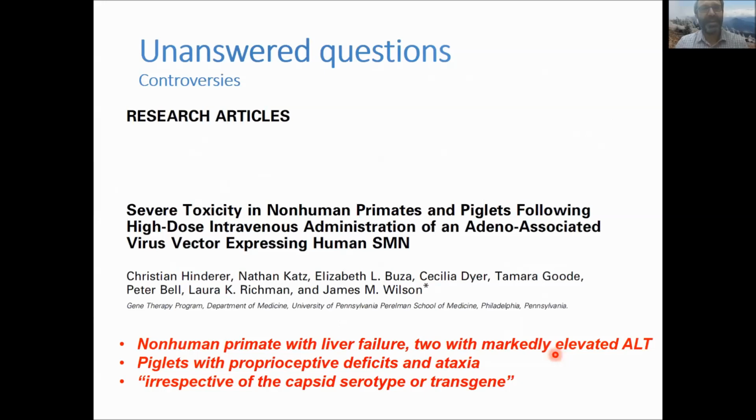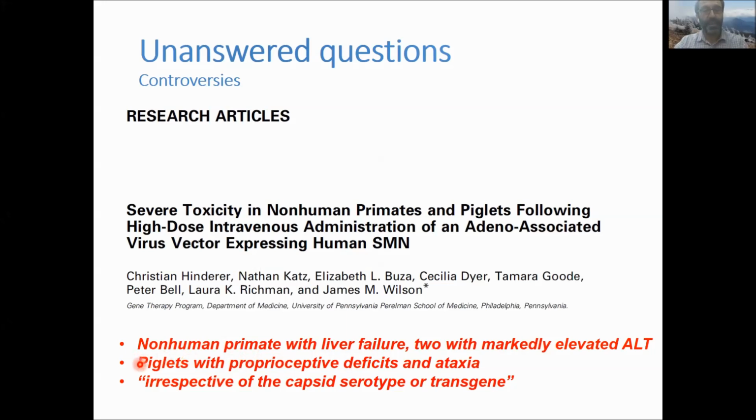Now, given that, there's still unanswered questions. And about the same time, some new experimental data came out showing that with a very similar vector, not Zolgensma, experiments in non-human primates and in piglets actually revealed some neurotoxicity and some severe liver toxicity. So actual liver failure that hadn't been observed in the clinical trial in the non-human primate model.